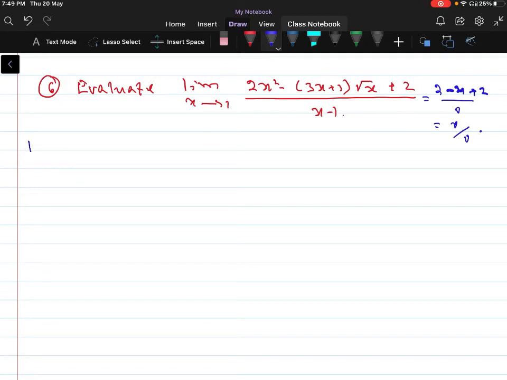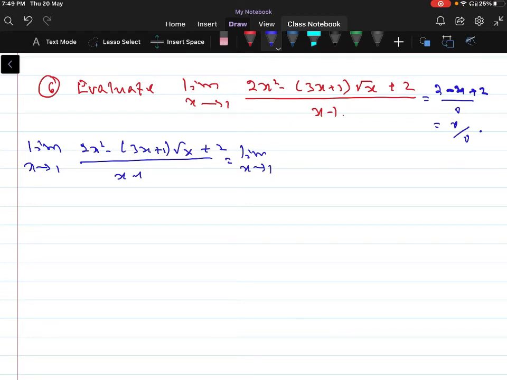So now the limit as x approaches 1 of the function (2x² − 3x + 1)·√x + 2 divided by x − 1 is equal to the limit as x tends to 1. Let us differentiate the numerator. 2x² differentiation is 4x.